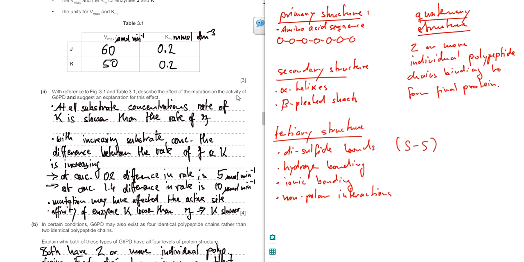I hope you understand it a little bit better now. And as well, typical question of describing a graph, how to approach it, and never forget the 3 points that you can score in these questions by just stating some important values from the graph that are relevant to the description that you have given beforehand.